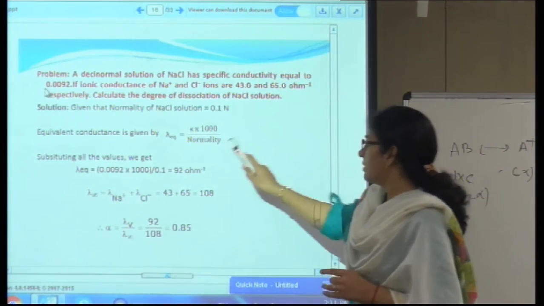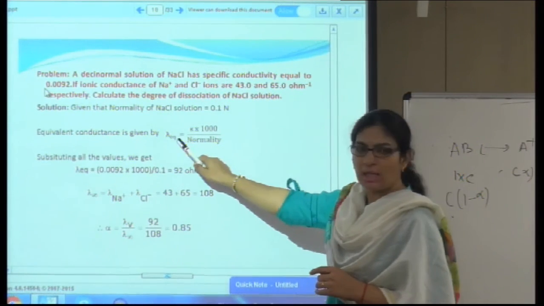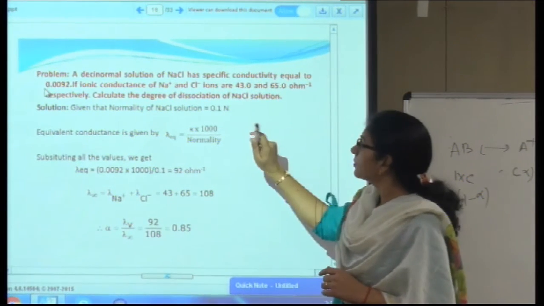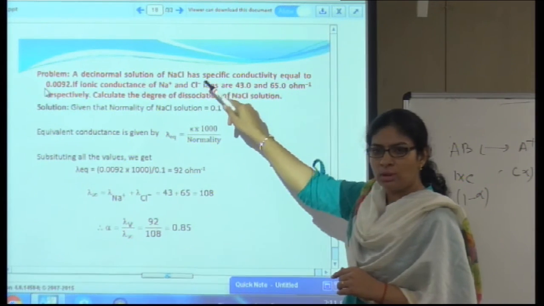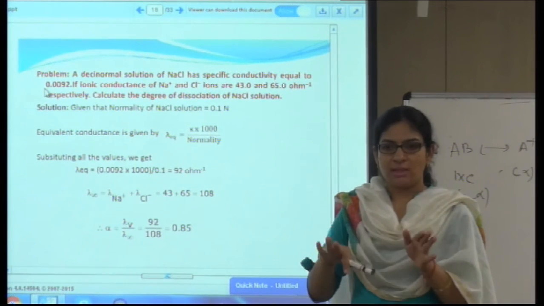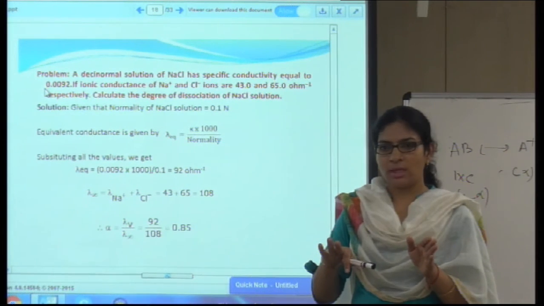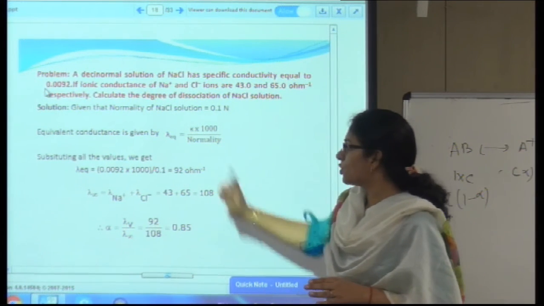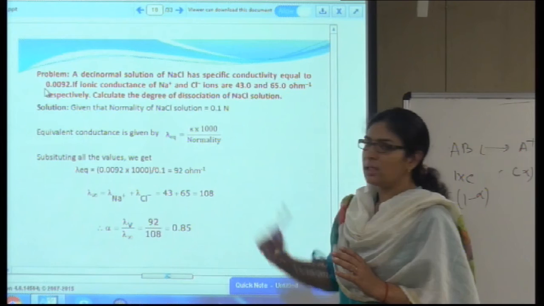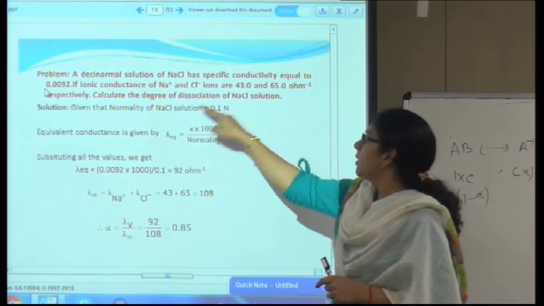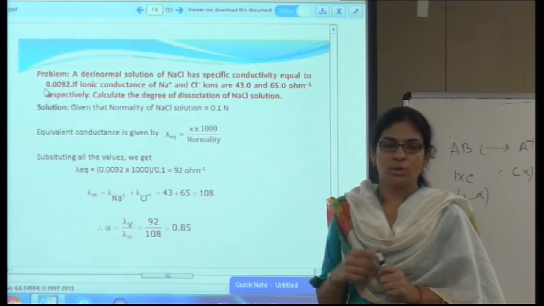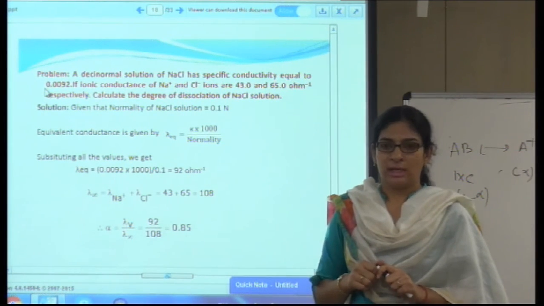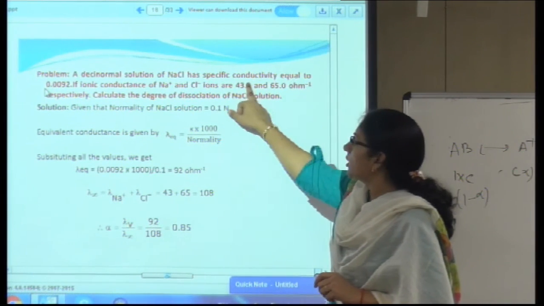So normality is given to you. You can calculate the equivalent conductance. Specific conductance, kappa, is given to you. Normality is given to you. You can calculate equivalent conductance by using this relation. If you know the equivalent conductance, and the equivalent conductance of individual ions are also given to you, you can calculate, but this is at what?